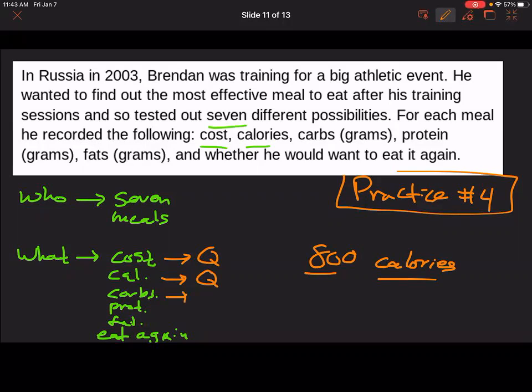Carbs, it tells us it's measured in grams. Does it have 60 carbs and so on? So that's quantitative. Protein, it also tells us measured in grams, so quantitative. Does it have 30 grams of protein, 40 grams? And fat, same thing. It tells us it's in grams, number with units. But then would he eat it again? That's kind of like a yes, no question. So that would not be a number with units. That'd be categorical.